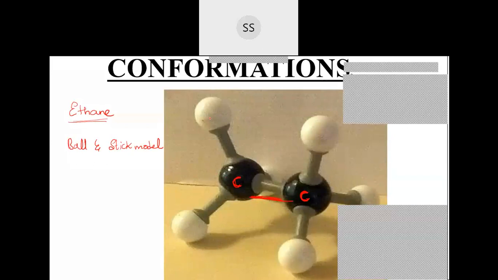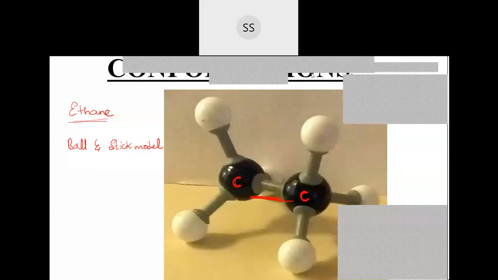See, it's a ball and stick model, and these black spheres are carbon atoms, and there is a single bond between them, and these white ones are hydrogen atoms.